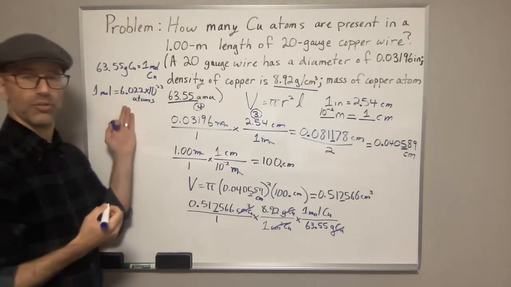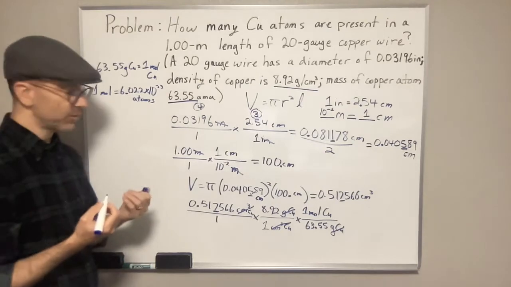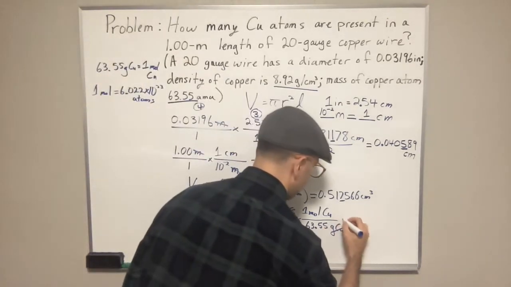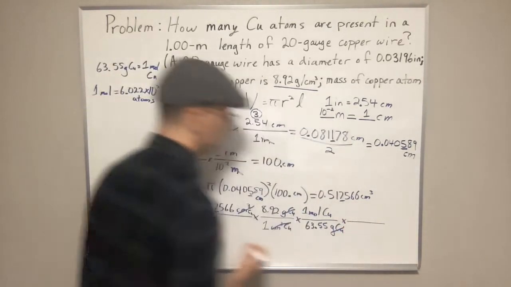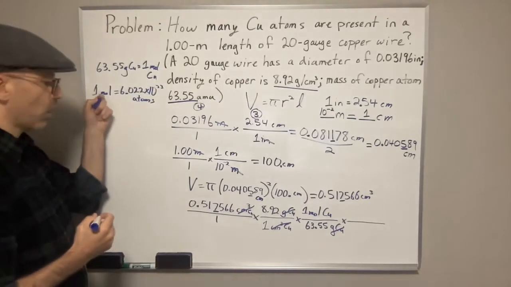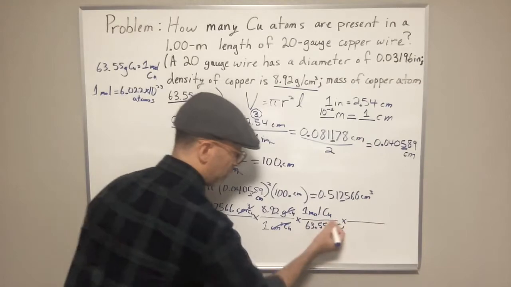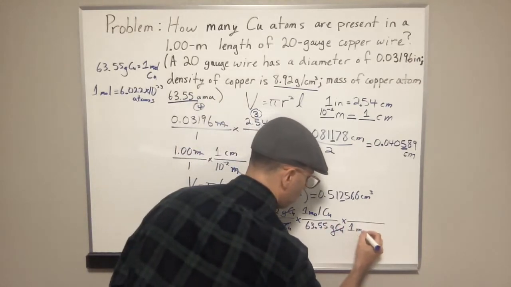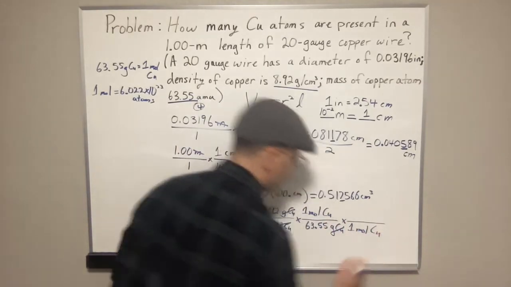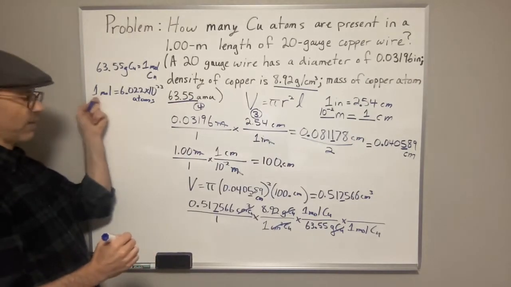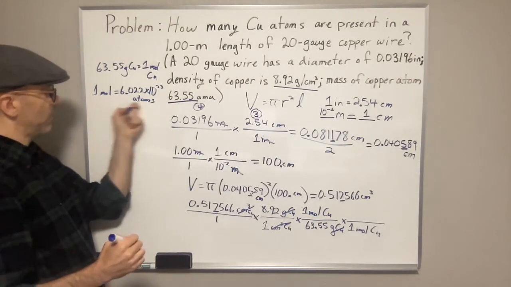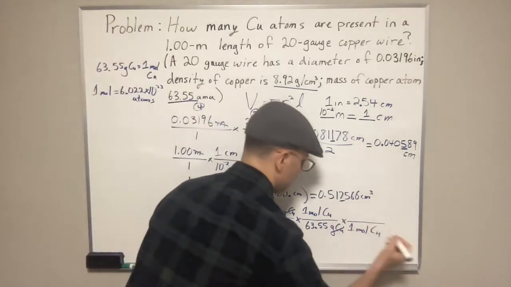So now I can use that relationship to convert to atoms of copper. So now I can have my last step. So 1 mole goes on the bottom. Since I have moles of copper here, I want 1 mole of copper. And the reason it's 1 mole is because I have 1 mole here. And then atoms is 6.022 times 10 to the 23rd.